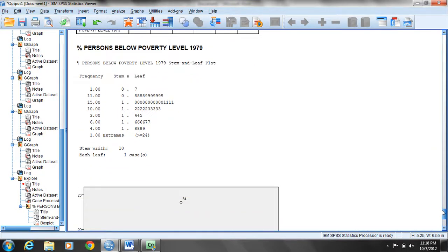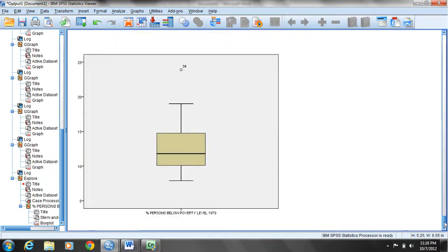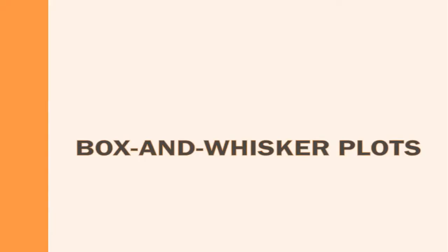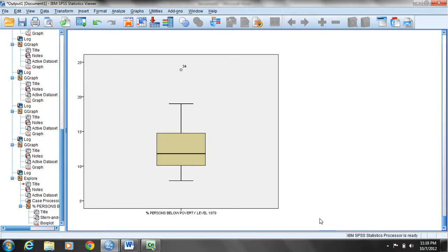Now, even though we did not choose the box plot, it also plots a box plot for us. But I'll show you another way in which you can also generate a box plot.